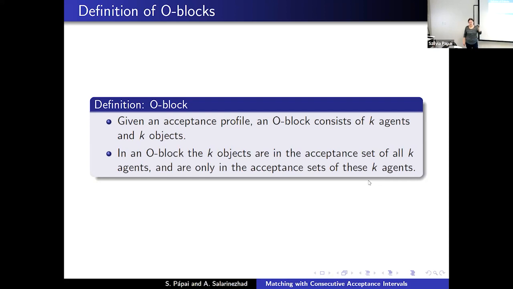It will also be K agents and K objects, but there the agents will be vulnerable: the agents will not have anything else in their acceptance set, only those K objects, so the agents can only be assigned those K objects. But here, this is not true. These agents can have other objects in their acceptance sets as well. But these objects are not in the acceptance sets of any other agents.